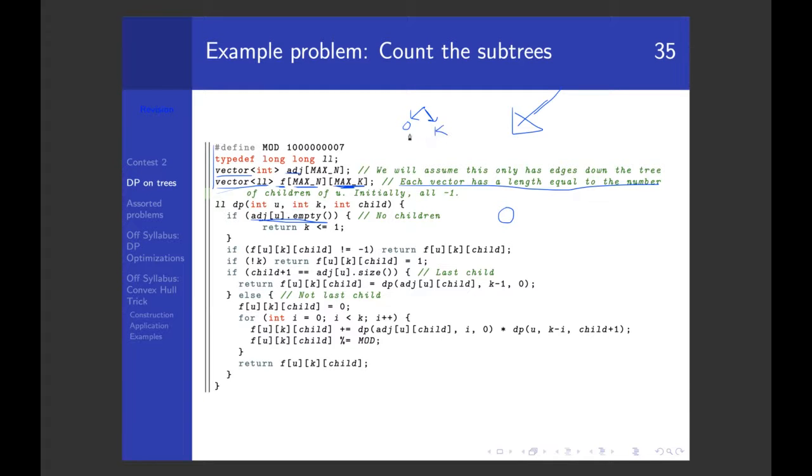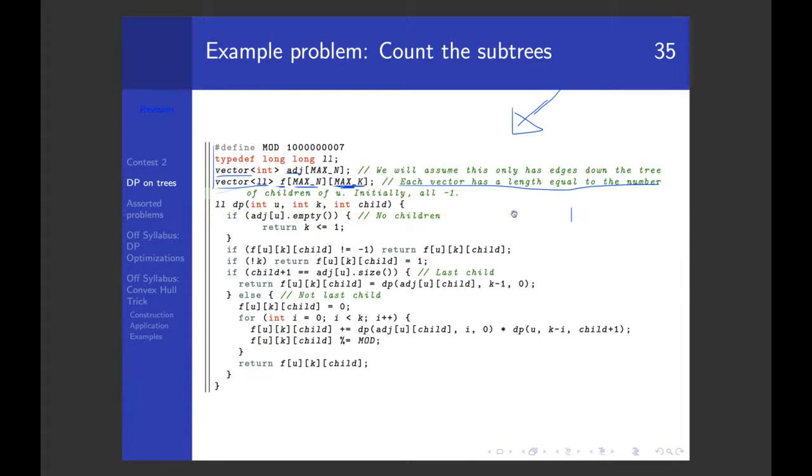It has to return 1, because we want 1 times this. So the number of ways to give 0 nodes we say is 1. The number of ways to give 1 node is also 1. But if we have no children, then obviously if we want to make a subtree of size 2, that's impossible because there's only 1 node. So return 1 if k is less than or equal to 1, or 0 otherwise. That's base case number 1.